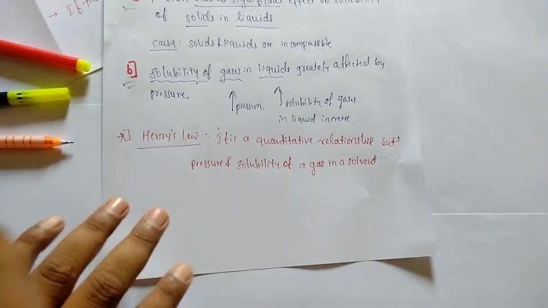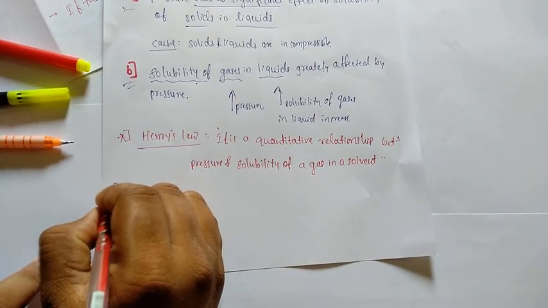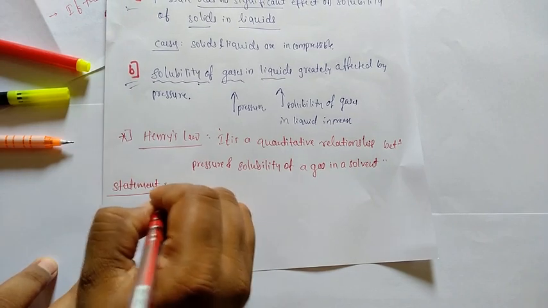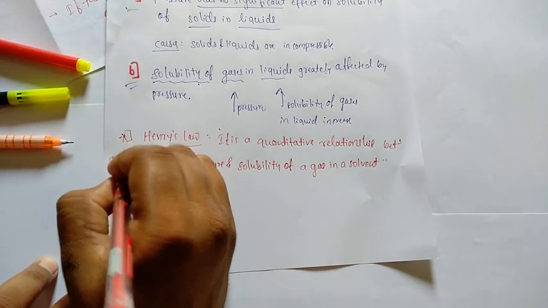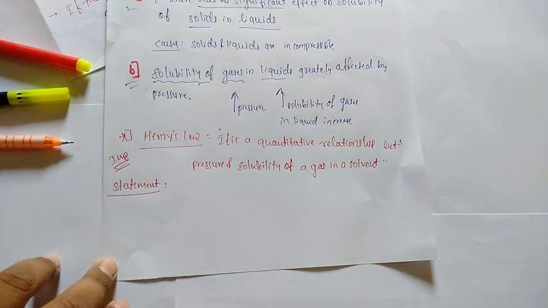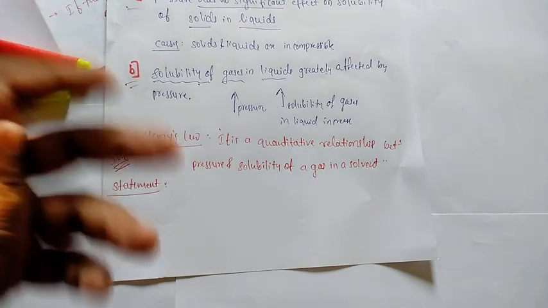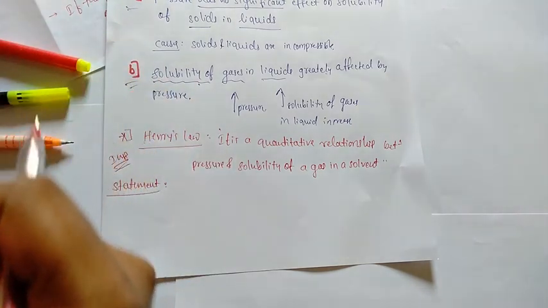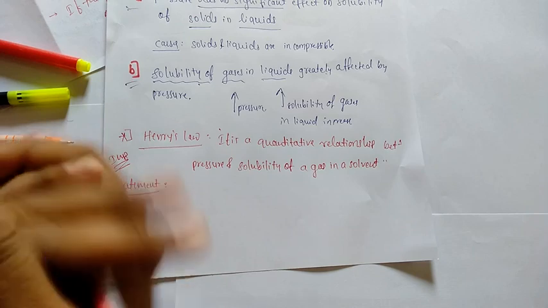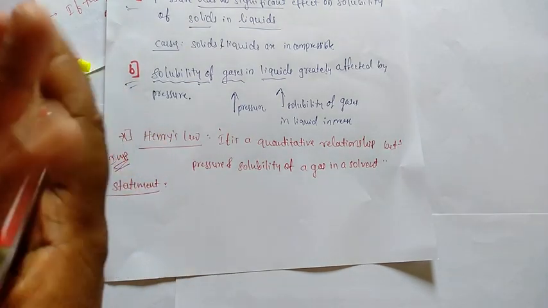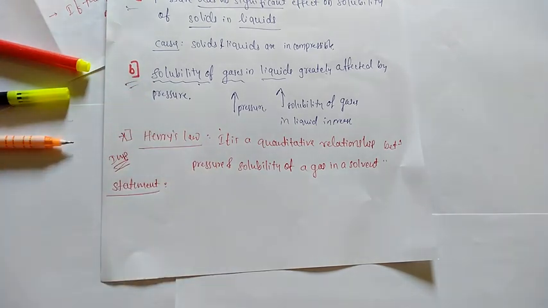Or you can write it as a statement for Henry's law. This is an important question, students, for your theory examination. Statement: the solubility of a gas in a liquid at constant temperature is directly proportional to the pressure of the gas. Or you can say the mole fraction of a gas in the solution is proportional to the partial pressure of the gas over the solution.